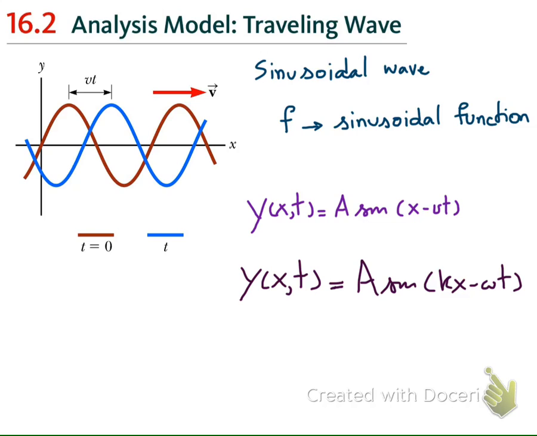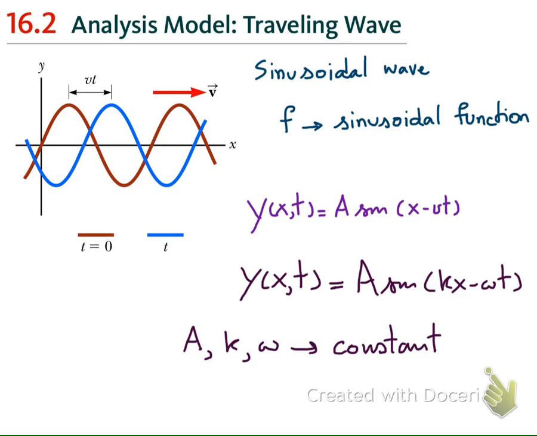Here A, k, and omega are constants. And we will see what is the physical meaning of these three parameters.